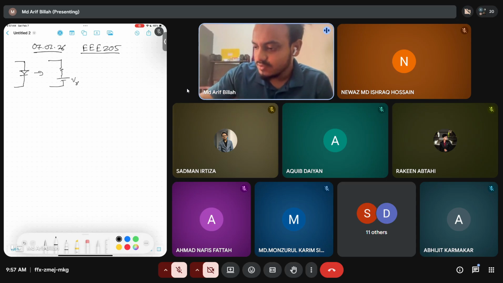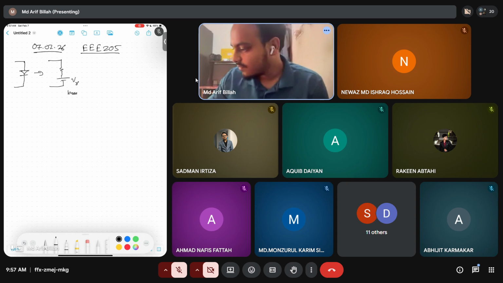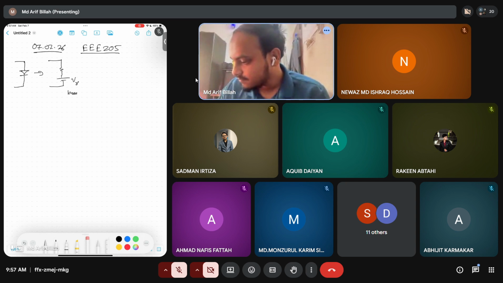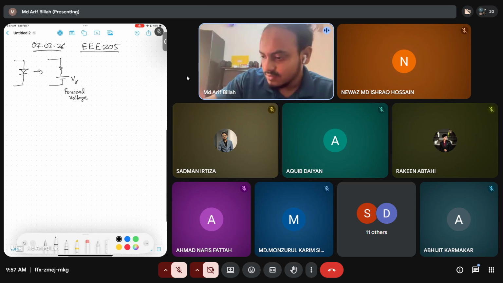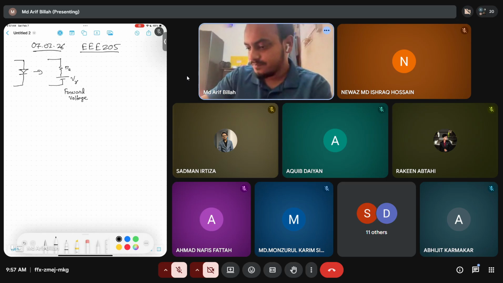The voltage source was the forward voltage, and the resistance RD is the diode resistance.